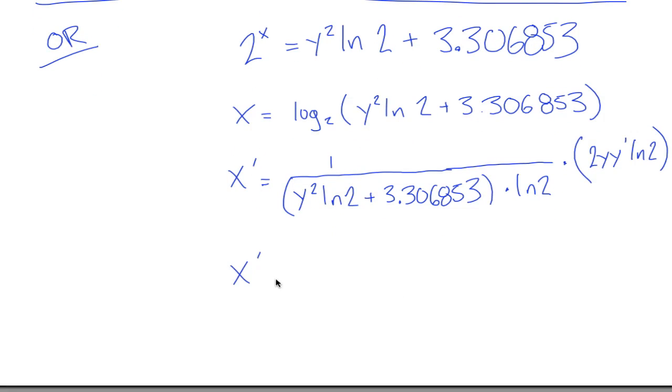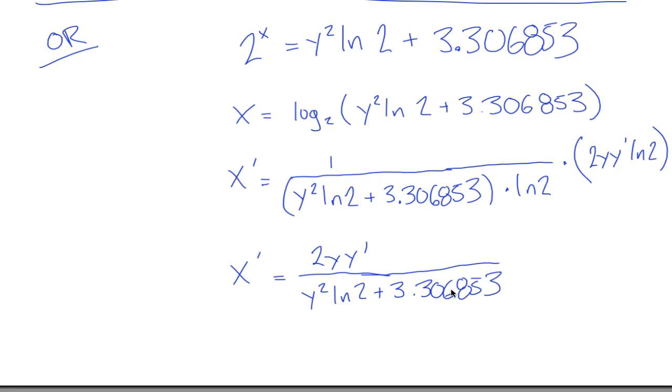Maybe we can simplify it a little bit. We've got a natural log of 2 and a natural log of 2 that'll cancel out. So we get 2y y prime over y squared natural log of 2 plus 3.306853. And you could try to figure out what that's equal to. It's kind of a pain. Or you can get kind of clever and be like, wait a minute, y squared natural log of 2 plus 3, what I have in the bottom here is exactly what I have right here.